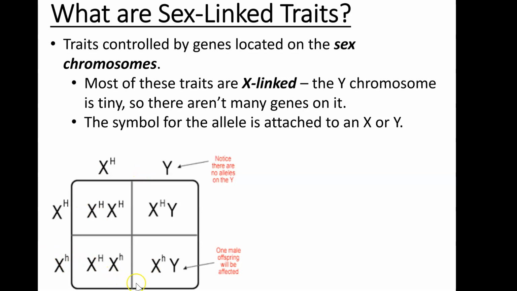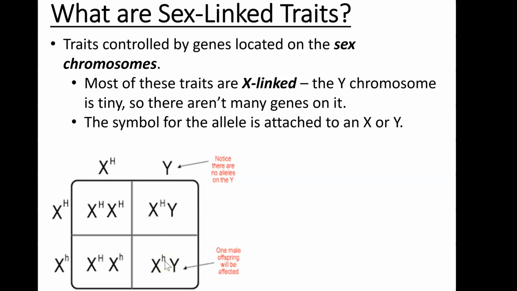And when you do this cross, you see that the probability is having 2 females and 2 males. And this particular male, whatever condition or trait H is, let's say, having hemophilia, for example, or being normal. Let's say H represents normal, and this male would be normal.